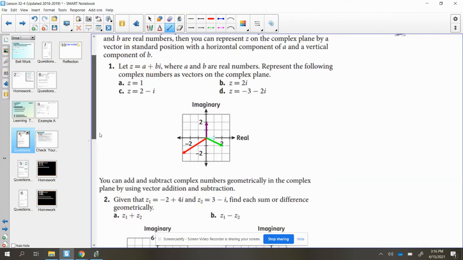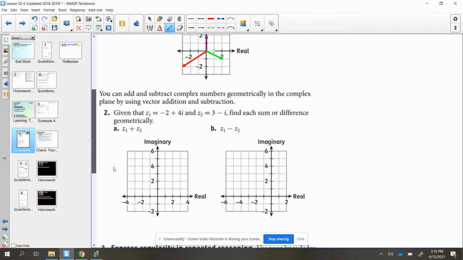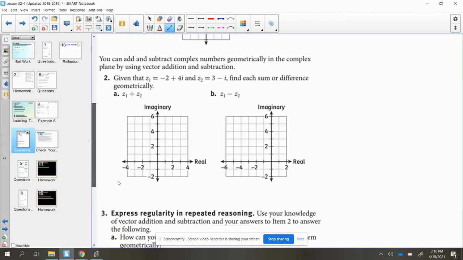Now, from there, we also can represent our sums and our differences. So looking at each of these, if we are adding our complex numbers together, we add the real components together to get 1. We add the imaginary components together to get positive 3i, right, when we're adding z1 plus z2.